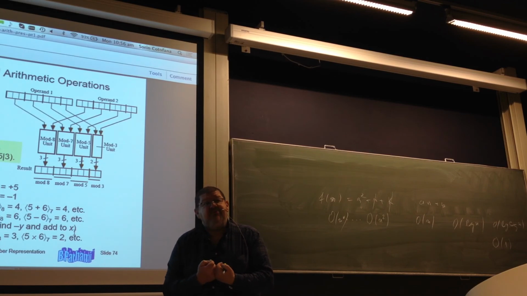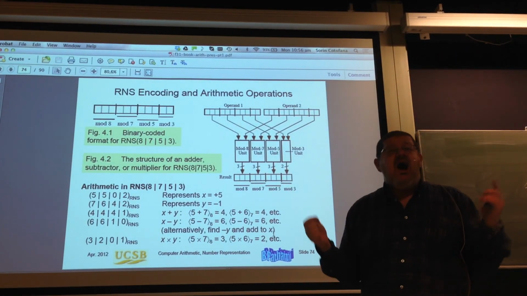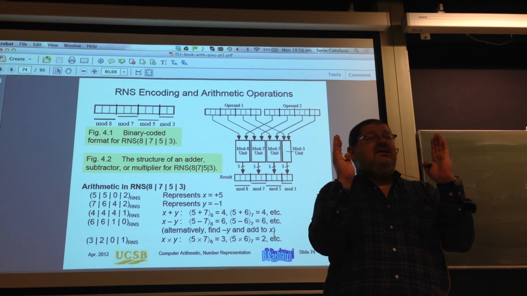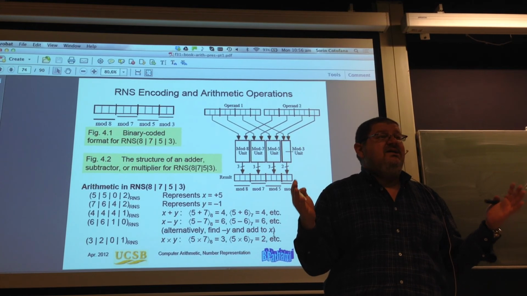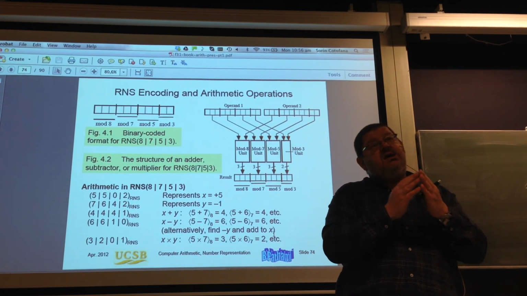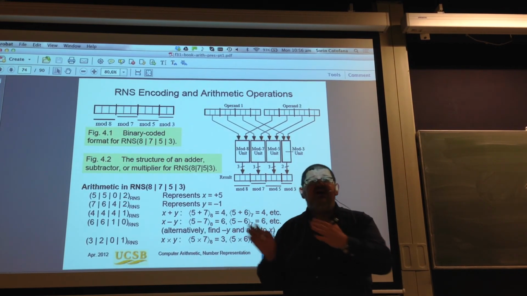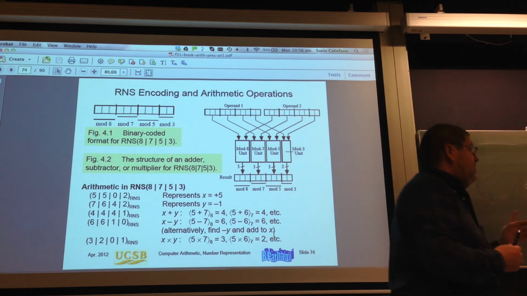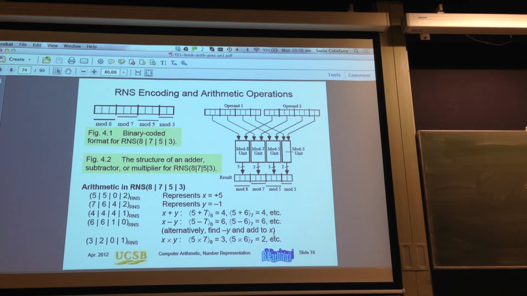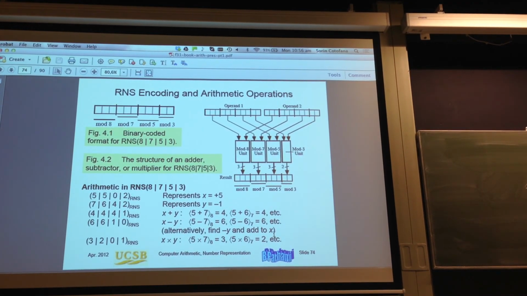I'm representing the number with that kind of funny representation, and then I have independent channels. Because the channels are narrower, the delay of the addition will now be dominated by the wider channel. Then instead of having an addition which will be logarithmic in n, the addition will be logarithmic in the width of the wider channel. Basically, what I am trying to achieve is to go towards O of log log n. That will be my dream. We'll see whether or not we can achieve that.